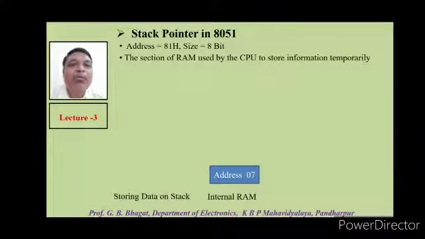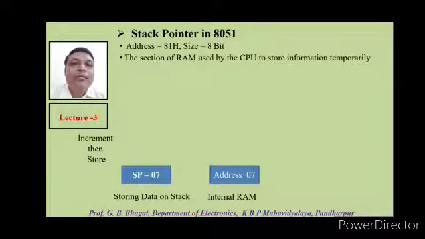Let us see how data can be stored in the stack. This stack is the location in RAM which is used to store data temporarily as per the user's need. Initially, the stack has the address 07.